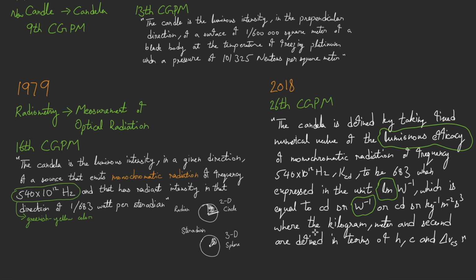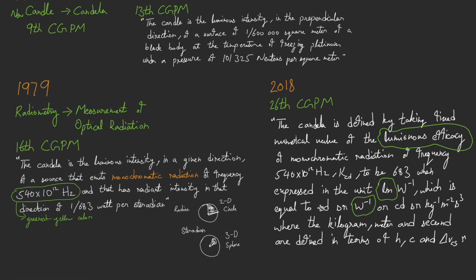So these last two lines are saying that kilogram, meter, and second are based on these three constants. h is the Planck constant, which was used to define the new definition of kilogram. c was used to define the meter, and delta vCs is the frequency of the cesium-133 atom for defining the second.